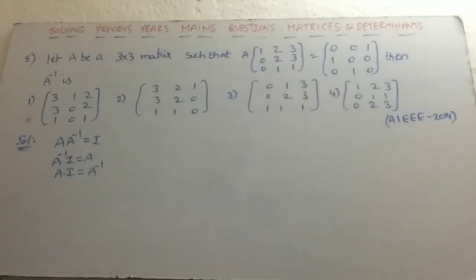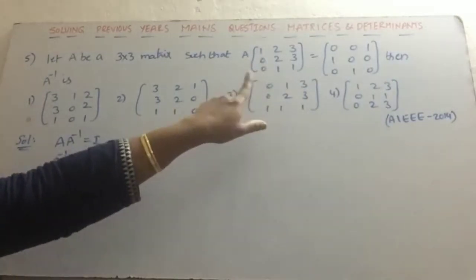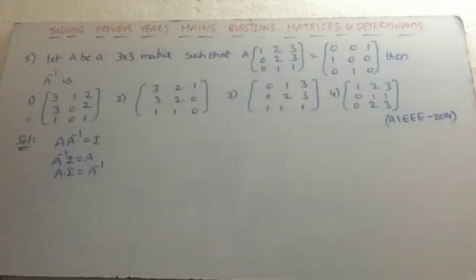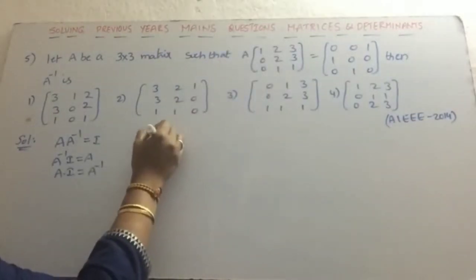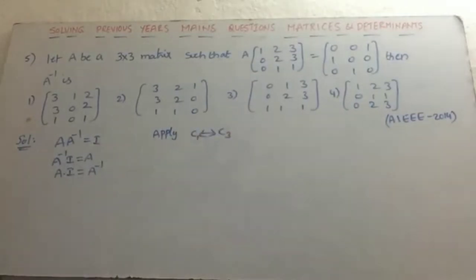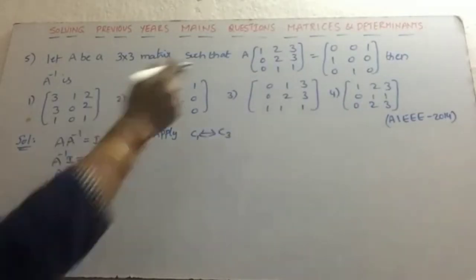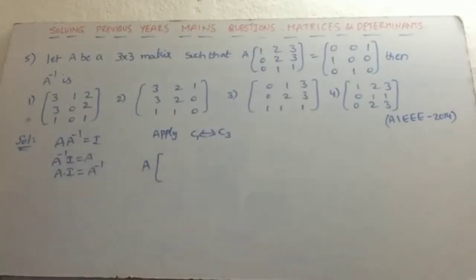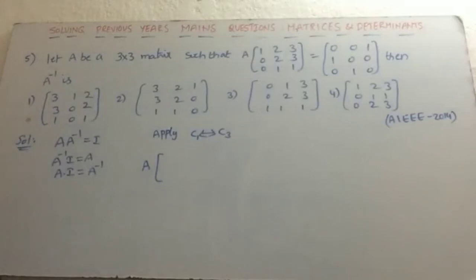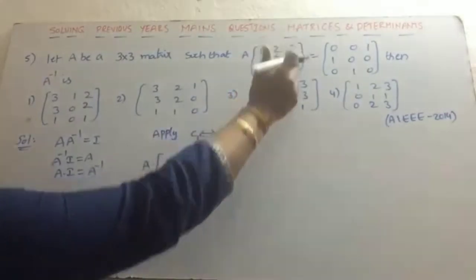Now we will interchange the columns. That means we will apply C1 and C3. Then we will get A into C1. C1 means that is 1 0 0, then it changes to C3, so 3 3 1.